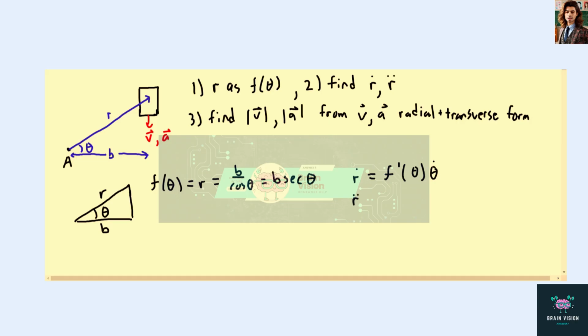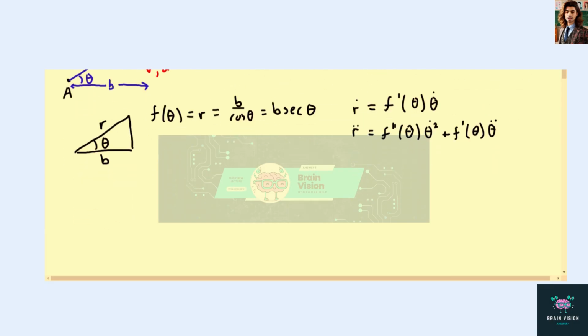And r double dot will be the second derivative f double prime of theta times theta dot squared plus the first derivative f prime times theta double dot. Okay, and now we'll go through calculating those derivatives.